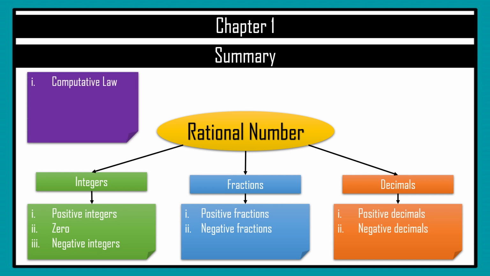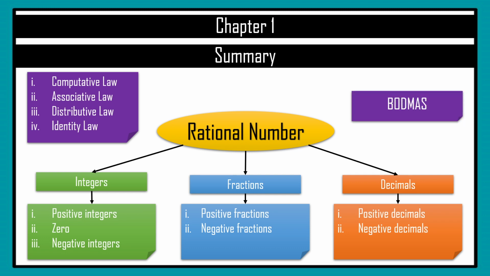Then you learn about the commutative law, associative law, distributive law, and identity law. Lastly, while we are calculating, remember to use BODMAS. Always check if there is any bracket that has an operation inside, followed by divide or multiply, lastly addition or subtraction.